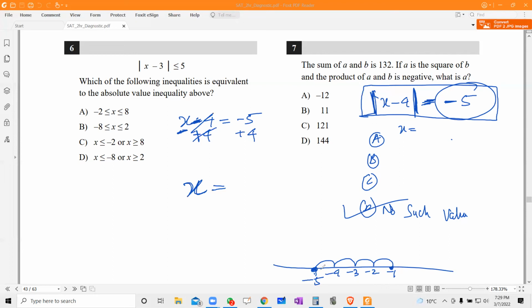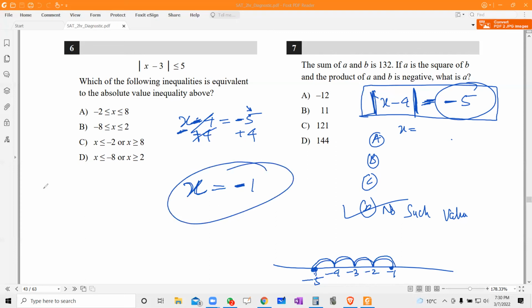From -5, you're shifting 4 units to the right, it's -1, because the negative sign is for the bigger absolute value number. 5 is bigger than 4, so the sign will remain negative. So x is -1, and that is the answer.